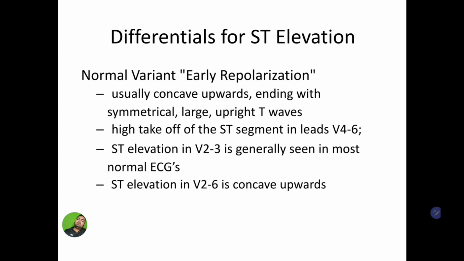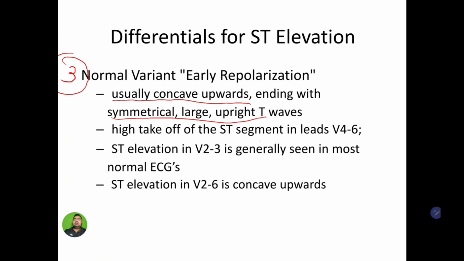So this is the third DD for ST segment elevation, which is normally seen in many patients because of early repolarization. This is usually concavity upwards, ending with symmetrical large and upright T waves.